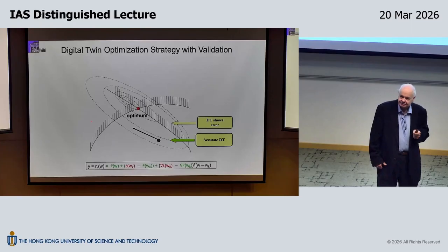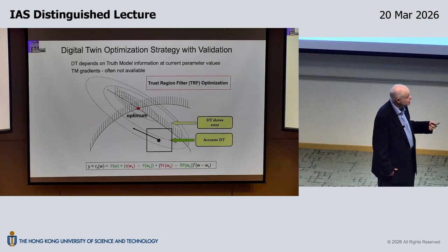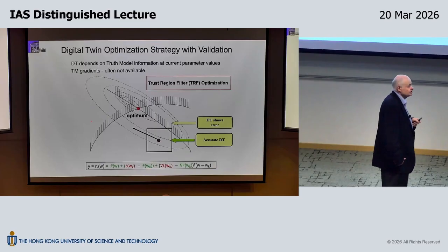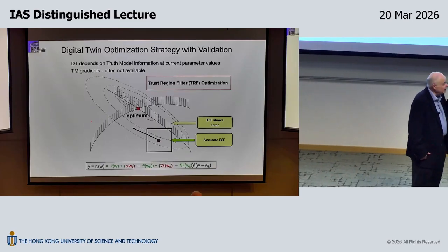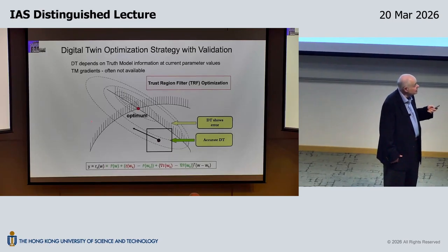We're going to check it. In fact, we're going to start out by putting in what's called a trust region and finding out how much it actually changes inside the trust region. And we adjust the trust region to make sure that this doesn't contribute a lot of error due to the digital twin. So we actually monitor the difference between the digital twin and the truth model.